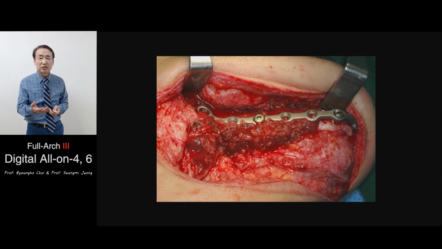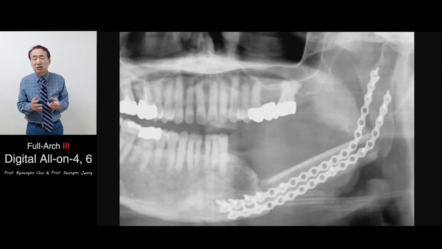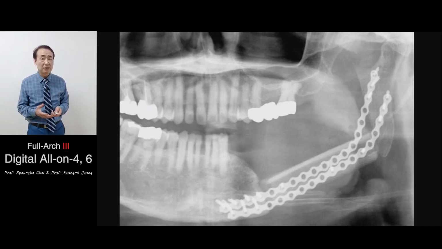You see here a mandibular reconstruction with a mandibular reconstruction plate. The plate was fractured due to the mandibular dynamics. We reconstructed the mandible using a fibula bone graft and titanium plates.